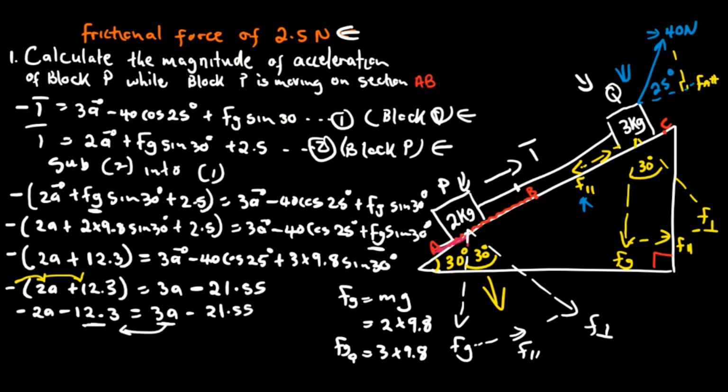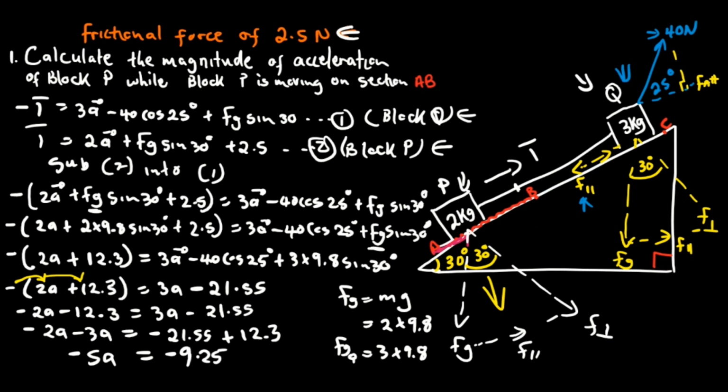Now let's collect the like terms, meaning let's take this positive 3a to that side, and take this minus 12.3 to that side. So we're going to have minus 2a minus 3a equals minus 21.55 plus 12.3. If we add minus 2a and minus 3a, we get minus 5a. Then for the other portion, minus 21.55 plus 12.3, in my calculator I'm getting minus 9.25.